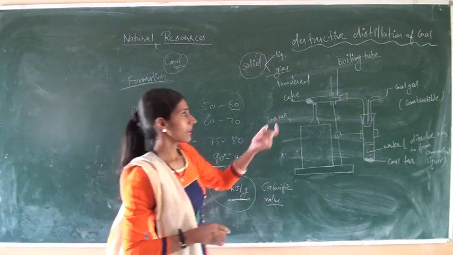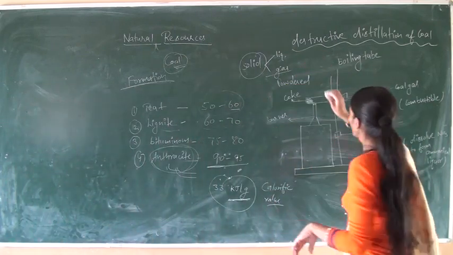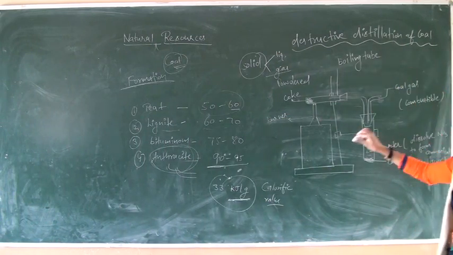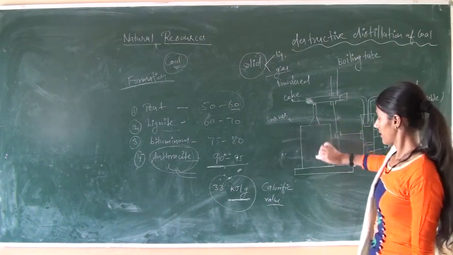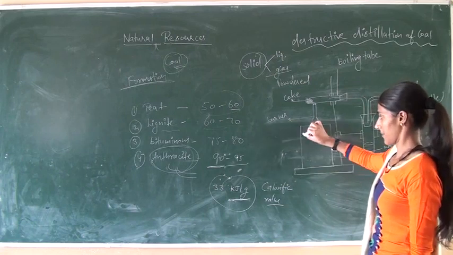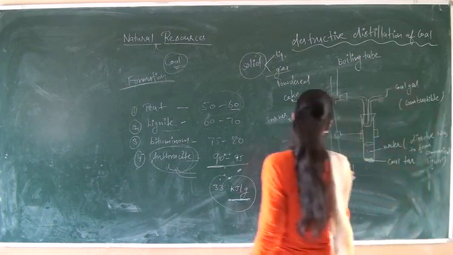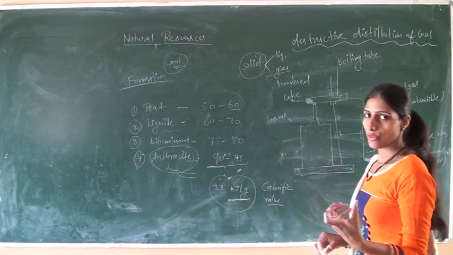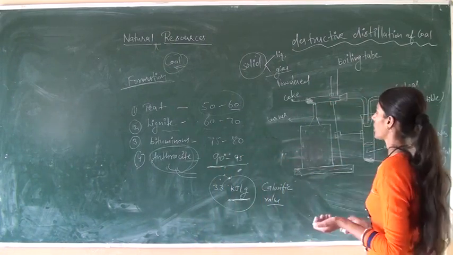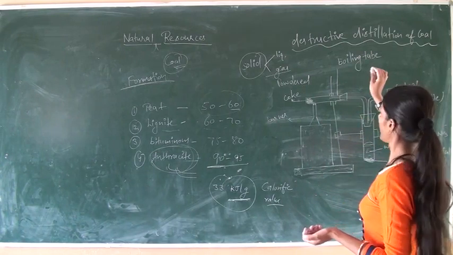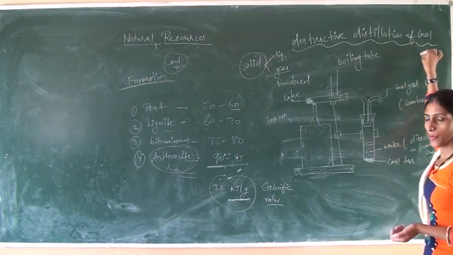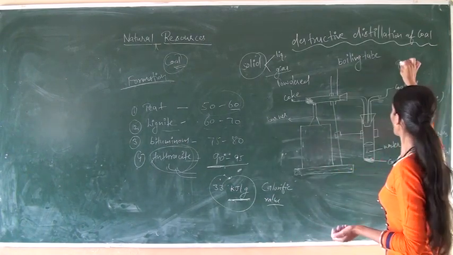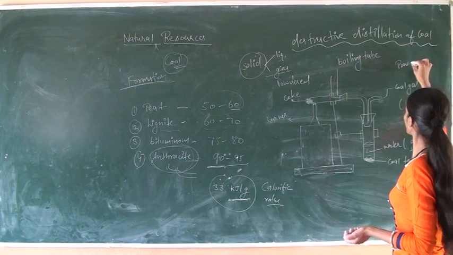Now, we will explain the method of destructive distillation of coal. This is a burner which provides heat to the substance. First we take coal, and when we burn it with the help of a matchstick, it is converted into powdered form.